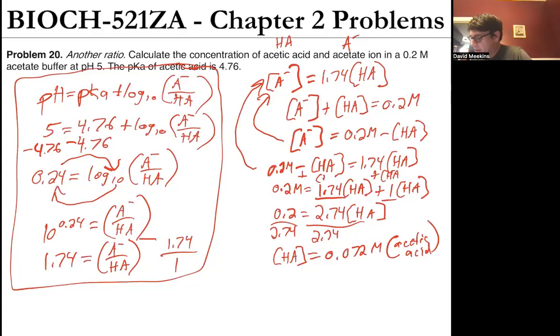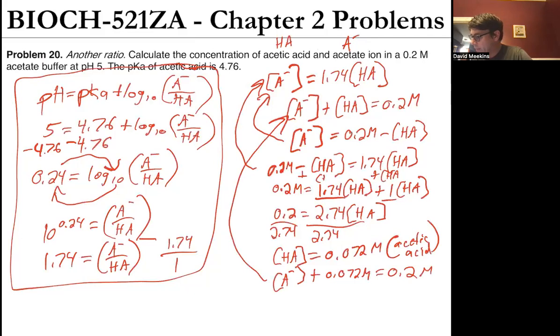But we also want to find the conjugate base concentration. So A minus, and we're going back to this equation right here. The conjugate base concentration plus 0.072 molar, which is the acid concentration that we just found, is going to equal 0.2 molar.